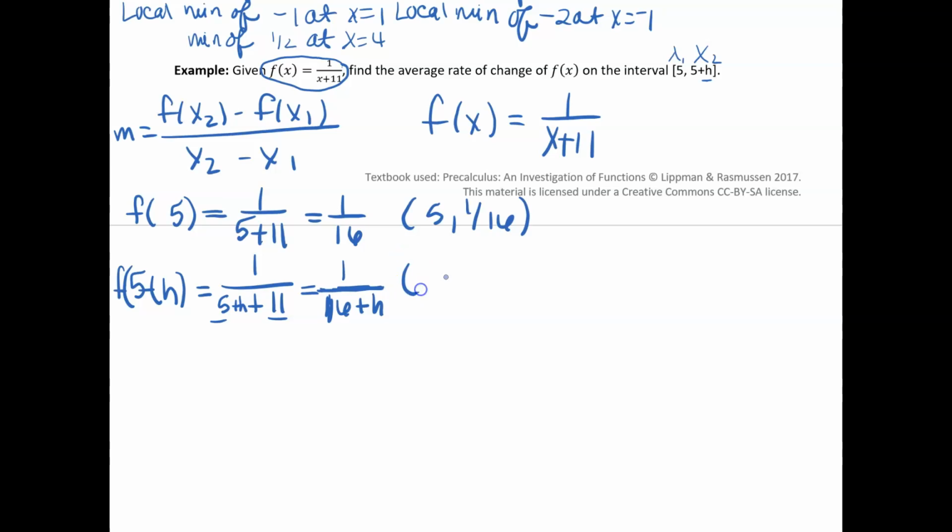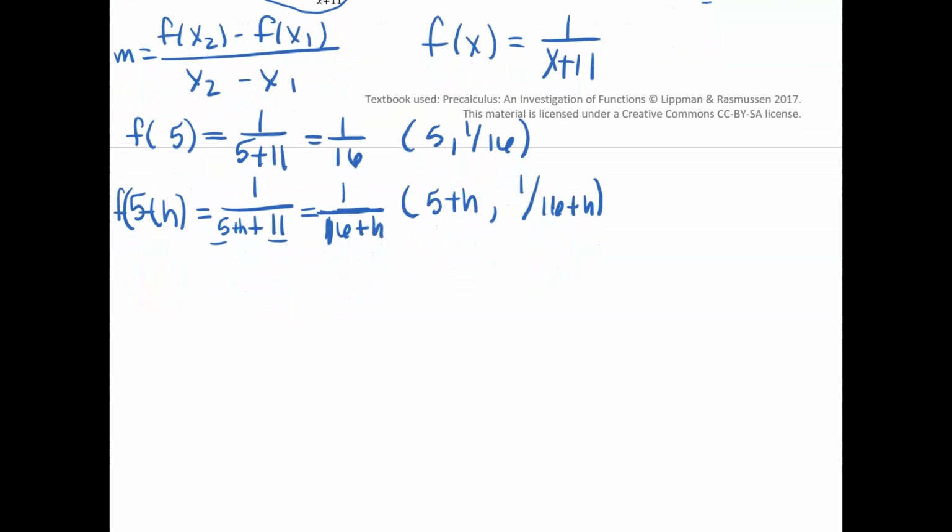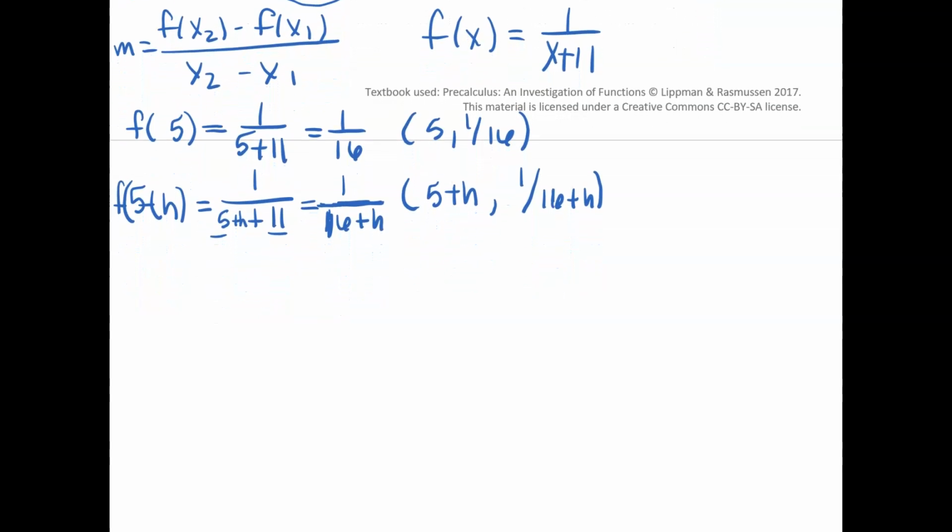So this ordered pair would be 5 plus h, comma, 1 over 16 plus h. So whether you like the way it looks or not, you just have to follow your processes and your steps and keep doing what you know how to do.